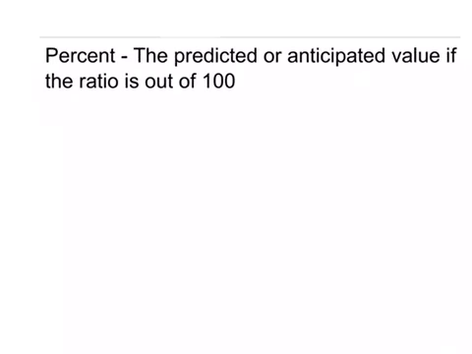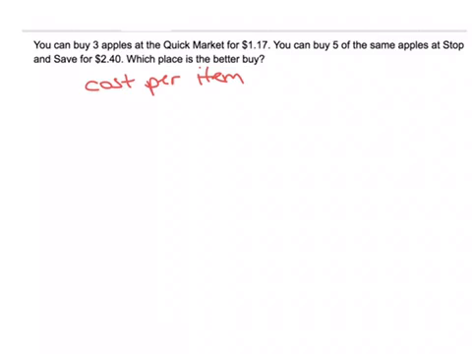Well, we can do this by figuring out the cost per item. That is going to be our unit rate. So we want to figure out the cost at the Quick Market for each individual apple versus the cost at the Stop and Save for each individual apple. I'm going to say QM, meaning Quick Market, and we can compare that to the Stop and Save.